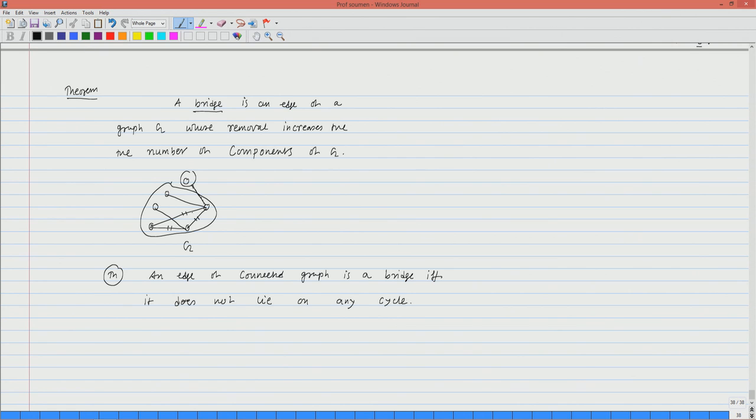Okay. So, if an edge is on a cycle, it is not a bridge.